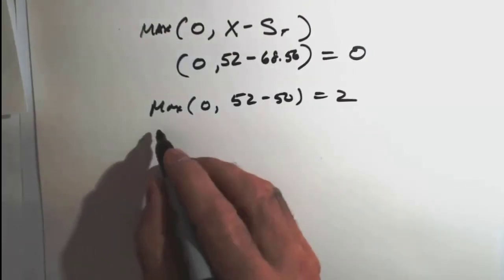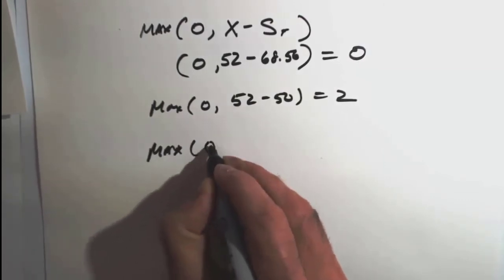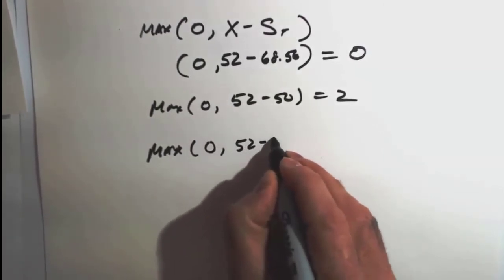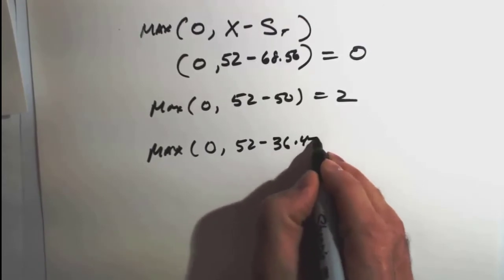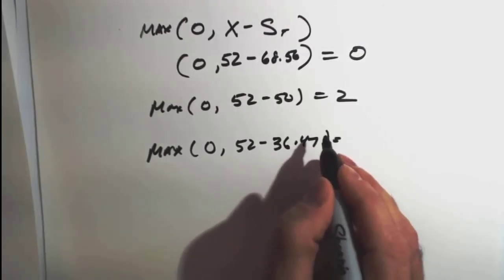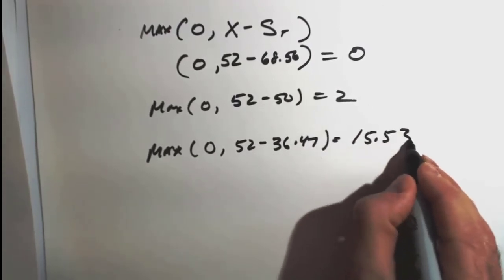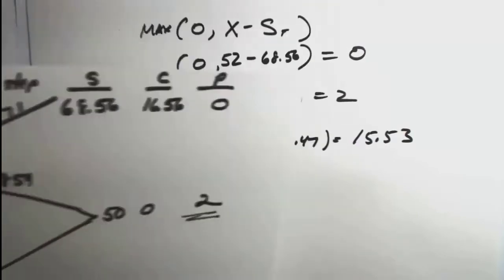And then the put for the bottom node is the maximum of 0 or 52 minus 36.47. And that equals, I've got my numbers here, 15.53.